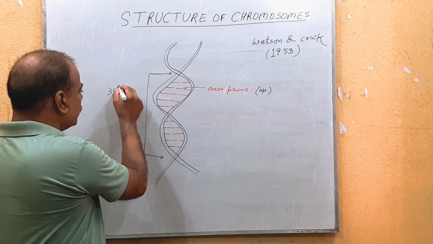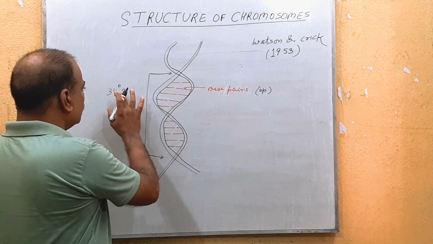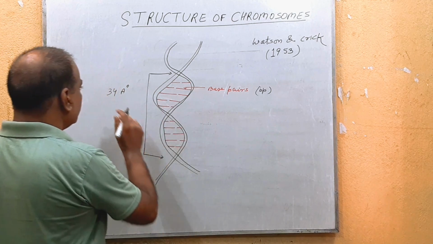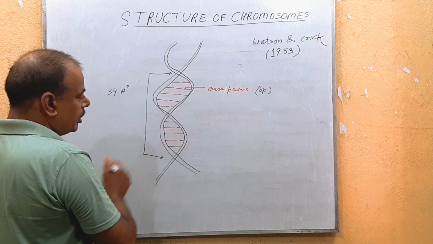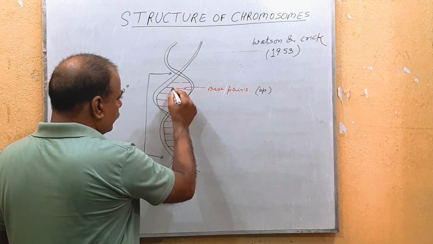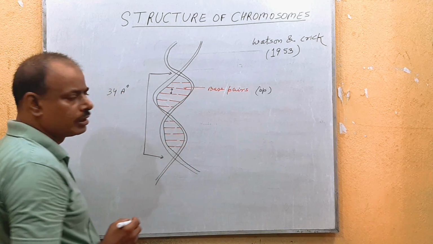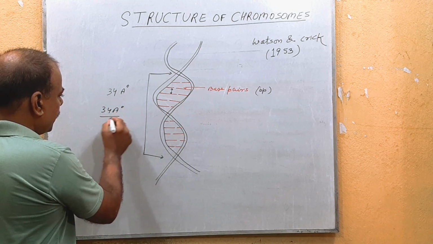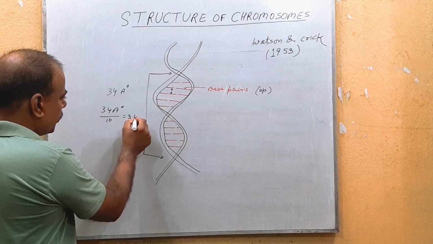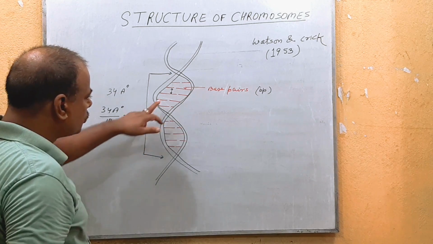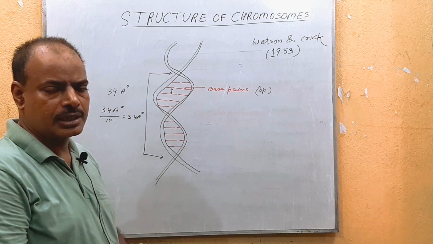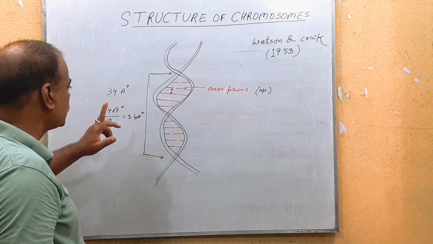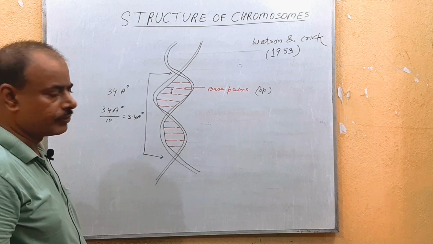The total length of one turn is 34 angstrom. It means the distance between two base pairs is 34 angstrom divided by 10, which equals 3.4 angstrom.